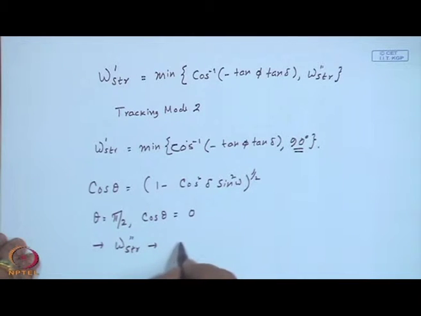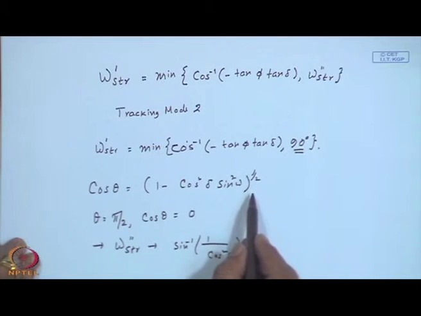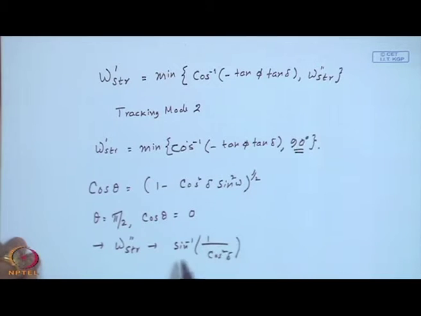This will be something like sin inverse 1 upon cos squared delta. Is it right? Or if this is 0, I can square it up, sin squared omega will be equal to 1 by cos squared delta. So, sin inverse of 1 by cos squared delta. So, this is going to be greater than 1.